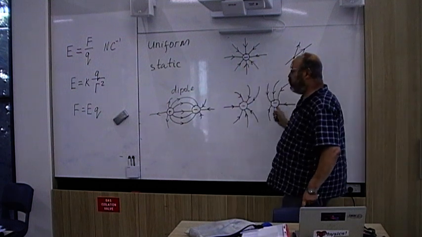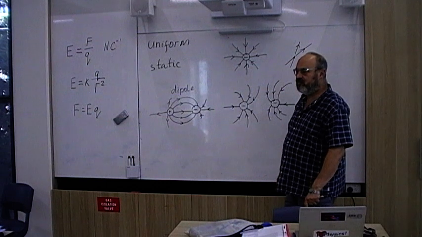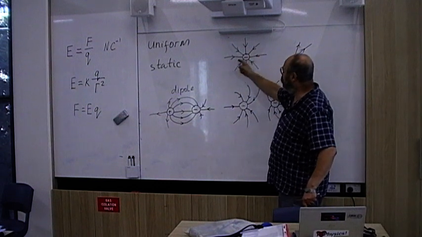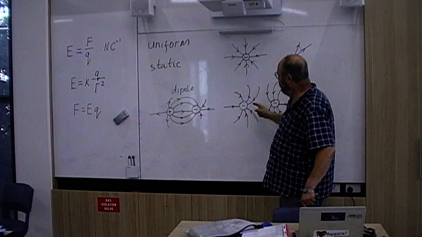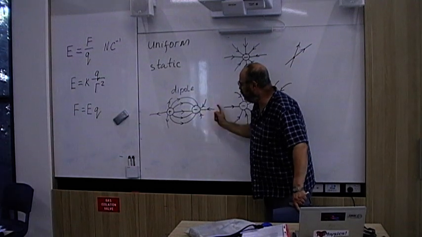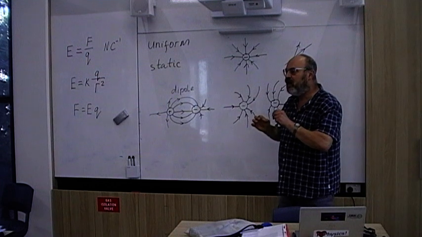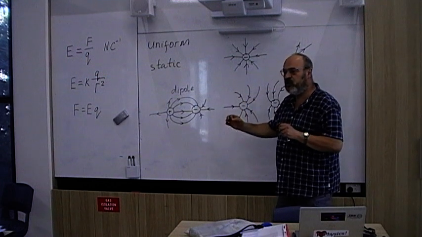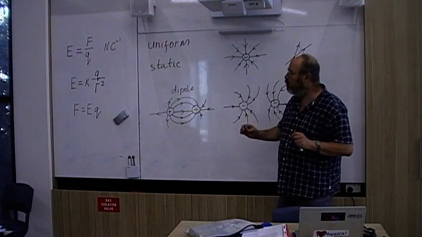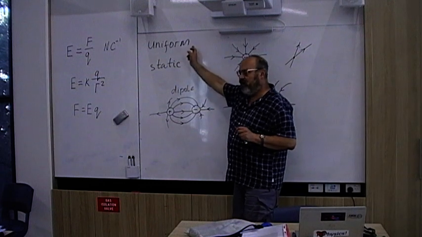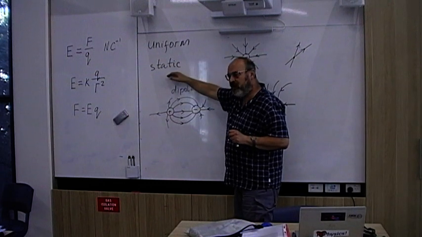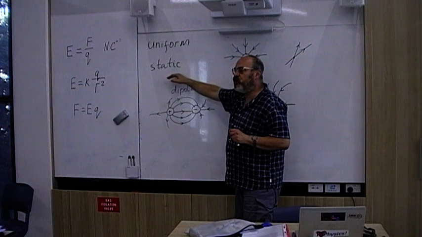Is any of those fields uniform? No. They are stronger here, weaker there. They're non-uniform. Uniform is the same in every point of space. Static is not changing over time.